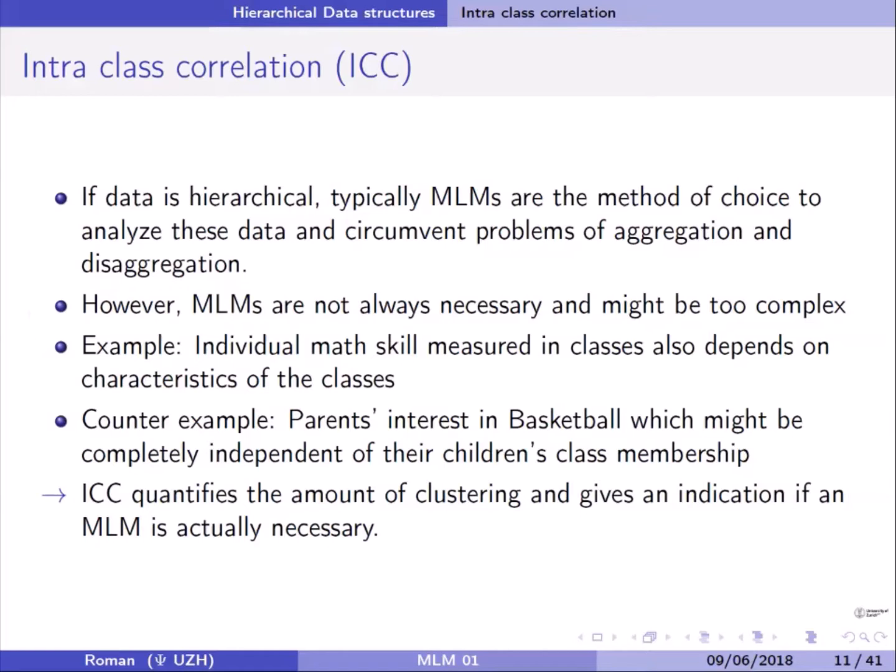Individual math skills measured in classes will likely also depend on characteristics of the classes. Therefore, an MLM would likely provide us with an appropriate means of measuring this clustering. For a counterexample, students' parents' interest in basketball could be completely independent of their children's class membership.